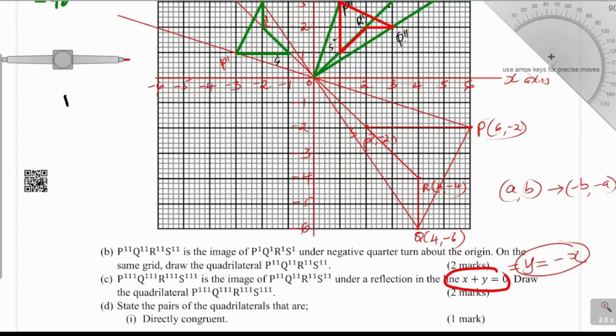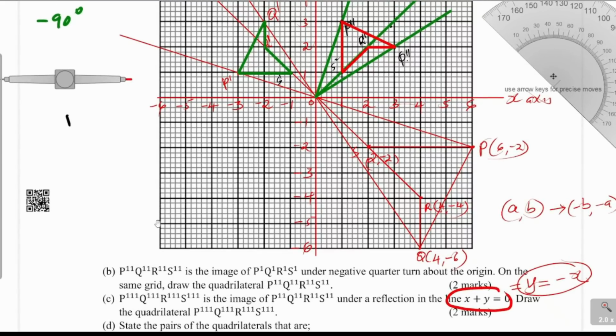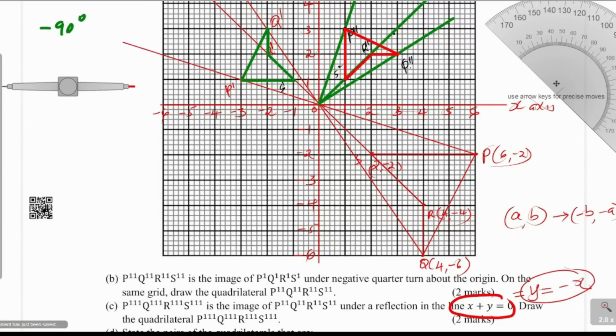So in short, the easiest way is by simply identifying the coordinates. Let's do P2. For P2, this is 1, 3. Under this reflection, it will become negative 3, negative 1. The x and y coordinates interchange and they change the sign.